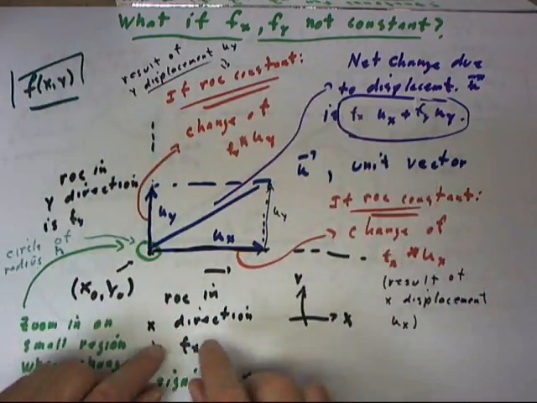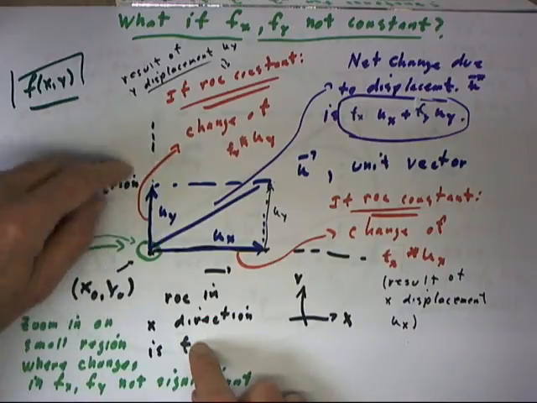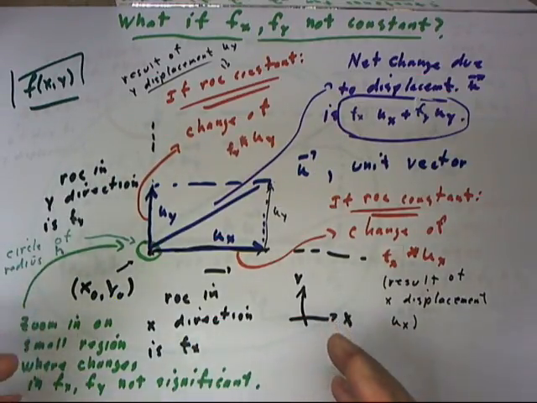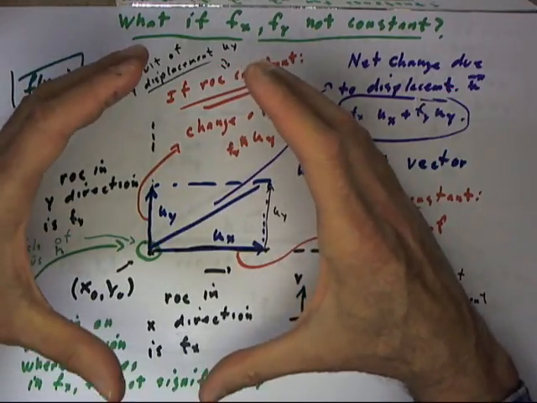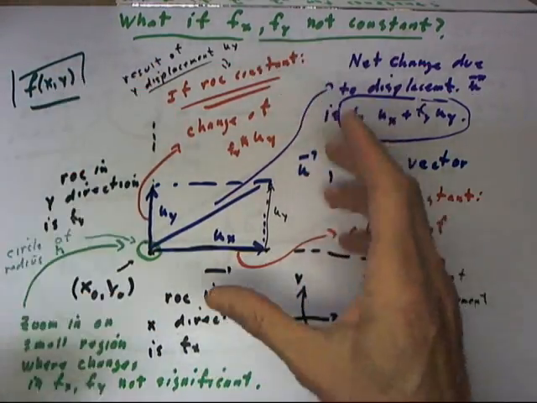We can't assume that the rates of change in the x and y directions are going to be uniform or even nearly uniform over a region this big.